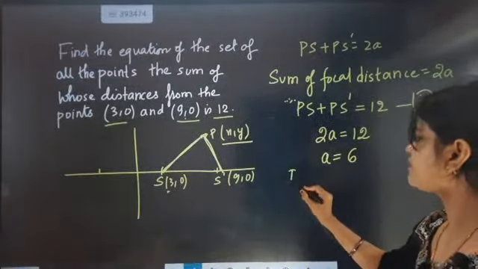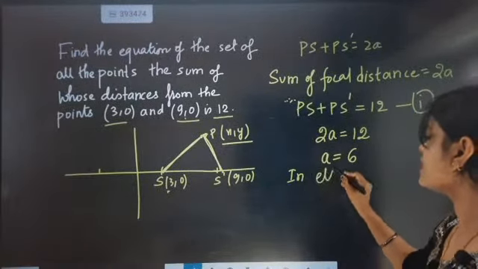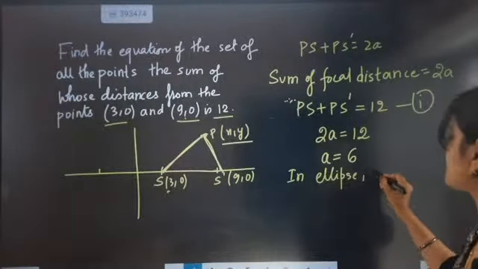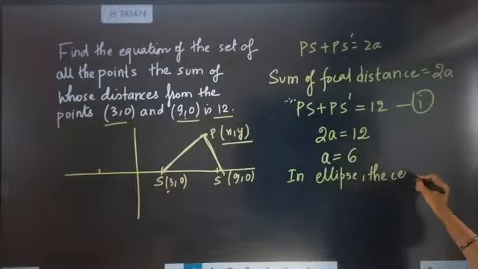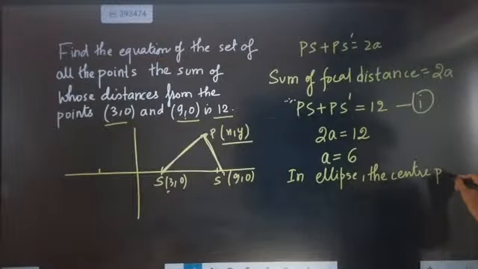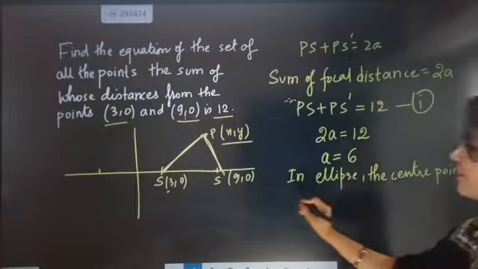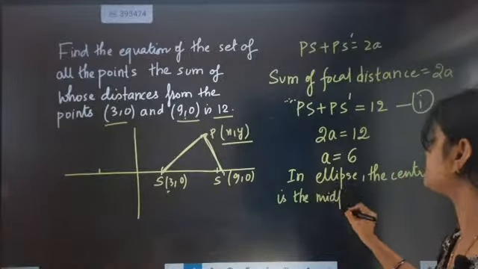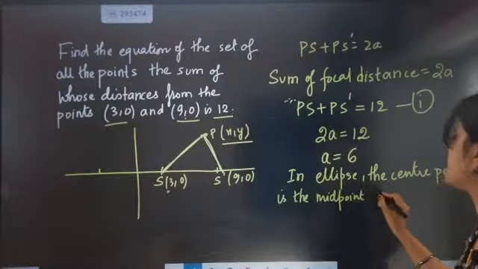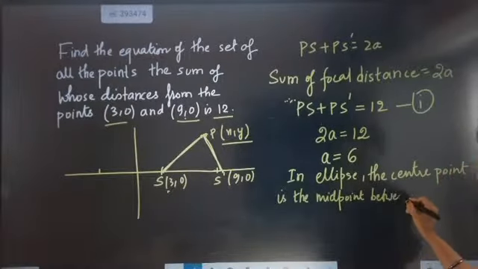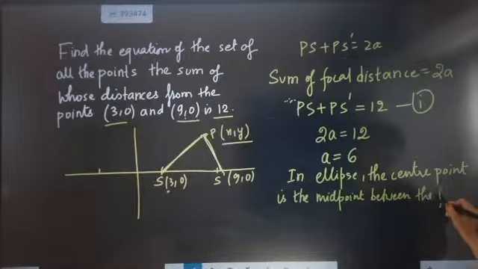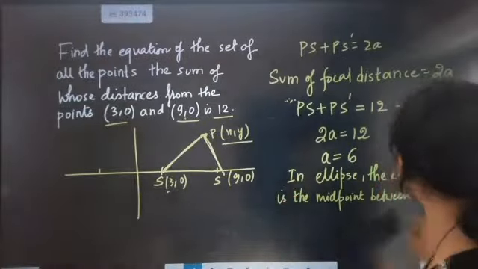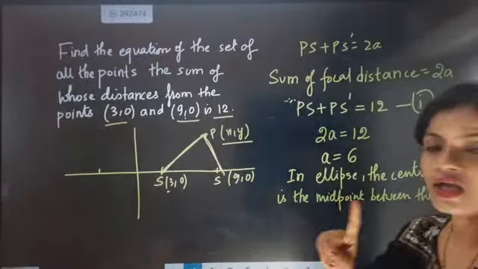We are going to use this concept and say that since in an ellipse the center point is the midpoint between the foci, here two foci are there, so between the foci, the center point is the midpoint.